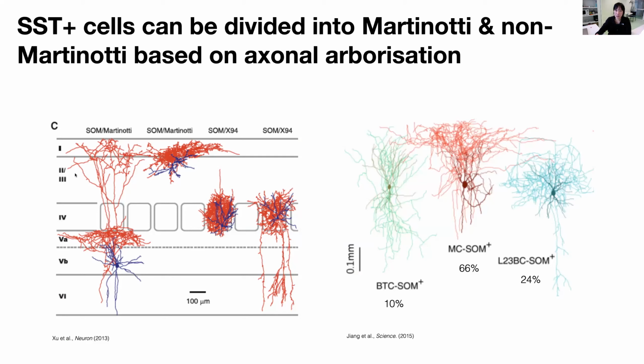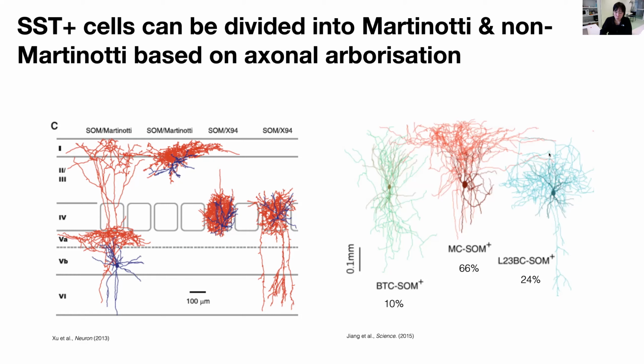As you can see, a Martinotti cell has large axonal arborization in layer 1. In contrast, the non-Martinotti cells project locally within their laminar layer, or basically they don't project to layer 1. This is also seen in somatostatin cells in layer 2-3, where you really have two groups: Martinotti as well as non-Martinotti.